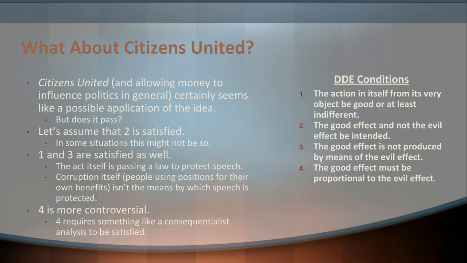So, oddly enough, the non-consequentialist analysis of this situation comes back to the same kind of consequentialist reasoning that other sorts of theories might use, where we look and see, is this actually worth the bad effects being produced? Which is something that is not obvious either way.